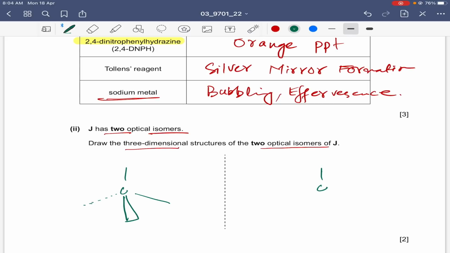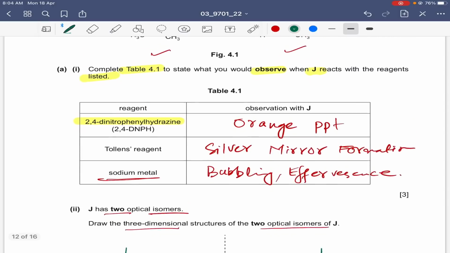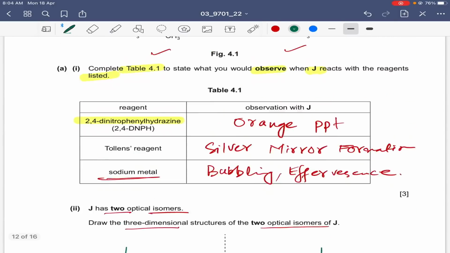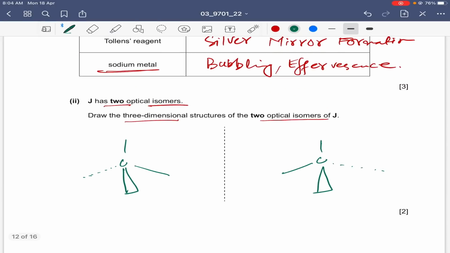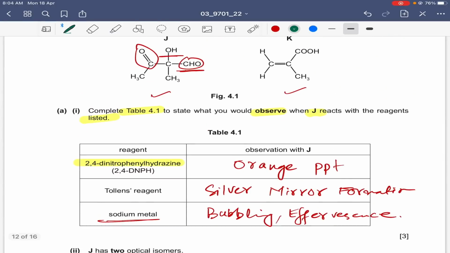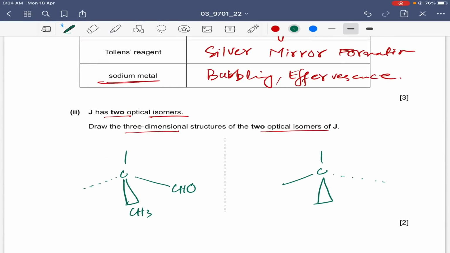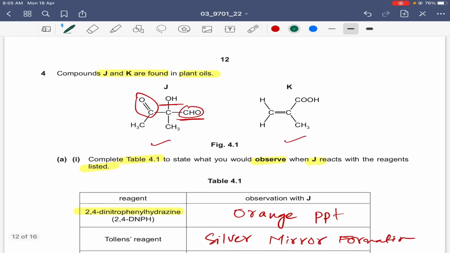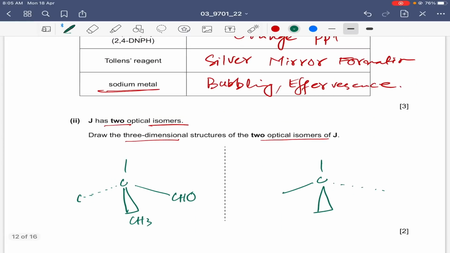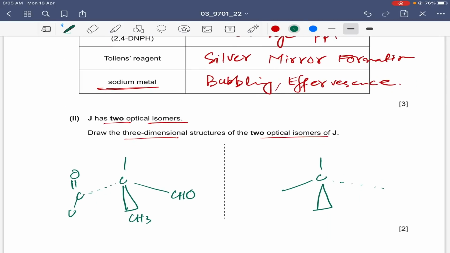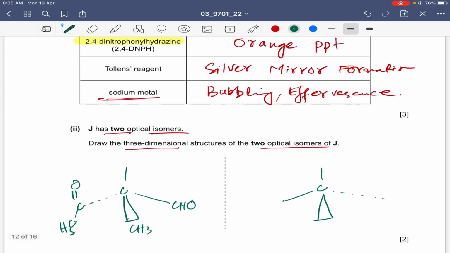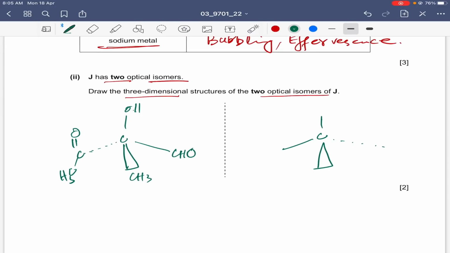And its mirror image would be, we will switch the left and right bond. And now let's attach the groups. So the carbon has a CHO group, CH3, and OH.